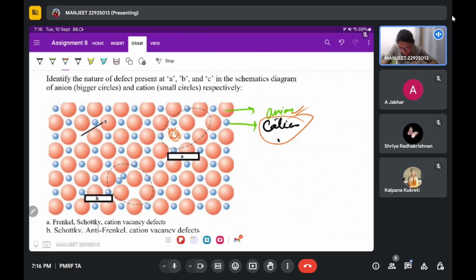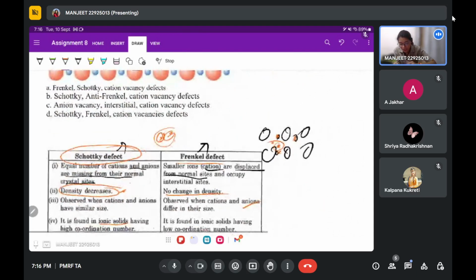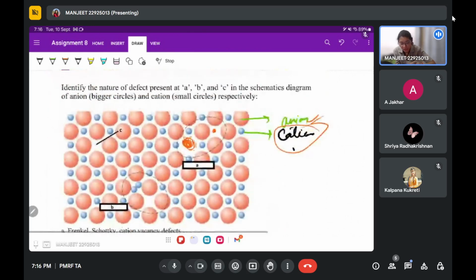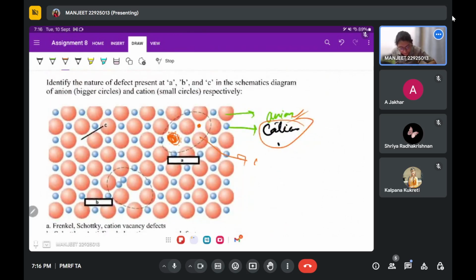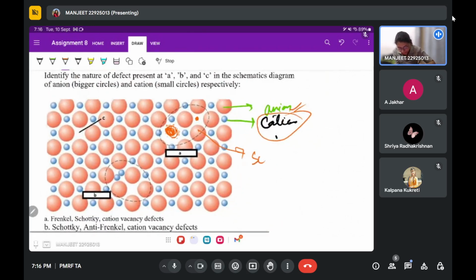The bigger anion is missing from here, and from the repeating pattern, this one is also missing. It means one cation and one anion are missing. If both cation and anion are missing, we define this as the Schottky defect. So A represents the Schottky defect.